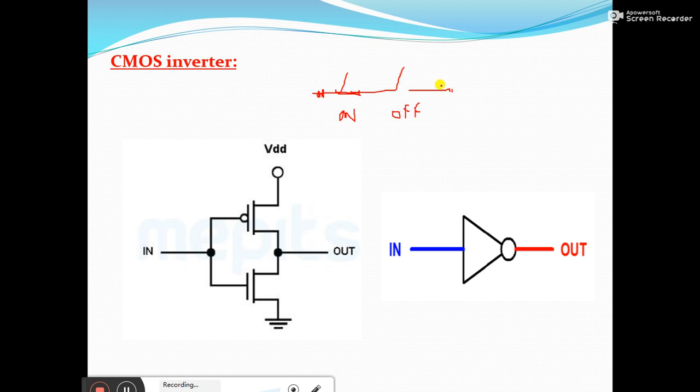If you measure the effective current at the output, the current is determined by the switch or transistor which is in the off condition, which is not getting turned on, which is not operated.